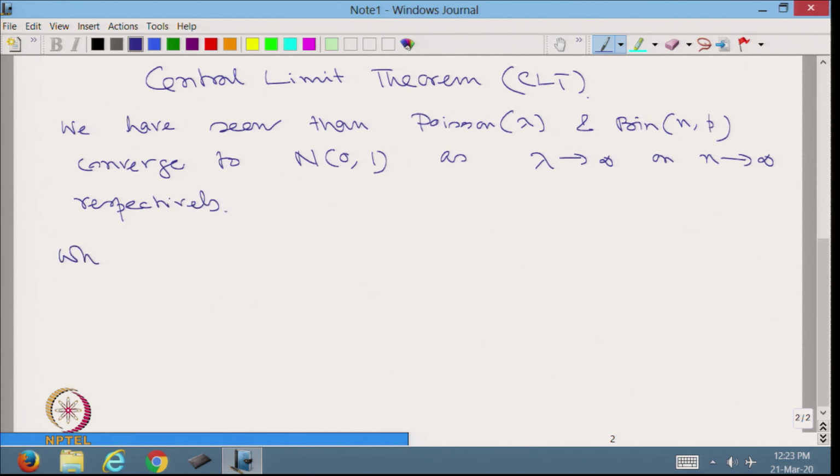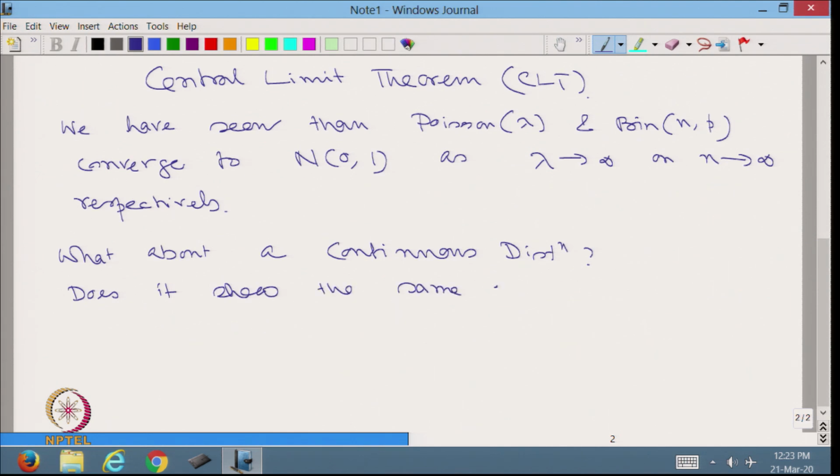What about a continuous distribution? Does it show the same characteristic? That is the question.